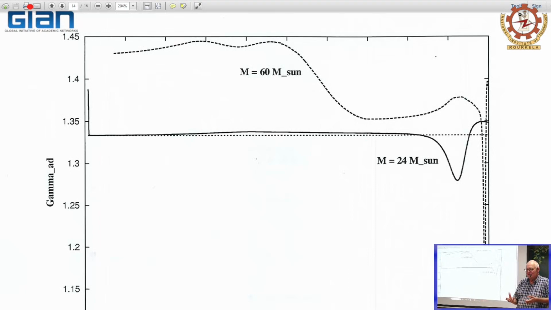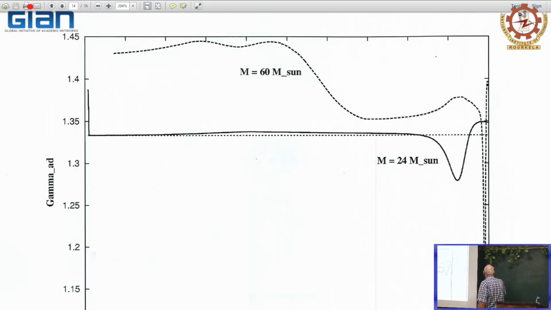It must be a process that takes out energy from the system, because the equation of state becomes softer. If you plot, for instance, log pressure against log density, then you usually have such a behavior, and if you pass this region, it becomes flatter.